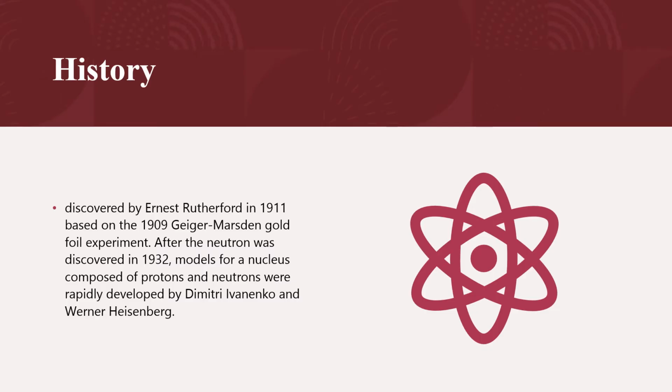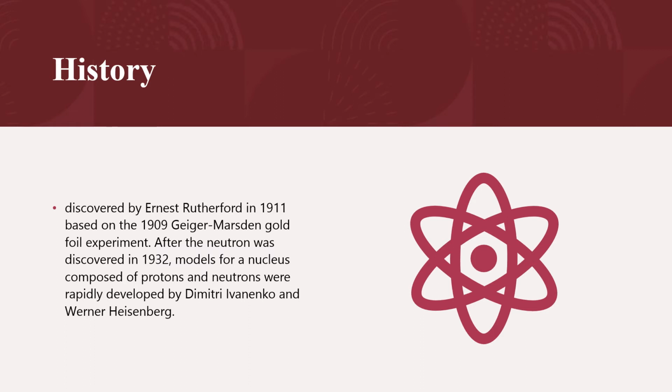Now we talk about the history of nuclei. The nucleus was described in 1911 because of Ernest Rutherford's effort to test Thomson's plum pudding model of the atom. The electron had already been discovered by Thomson.